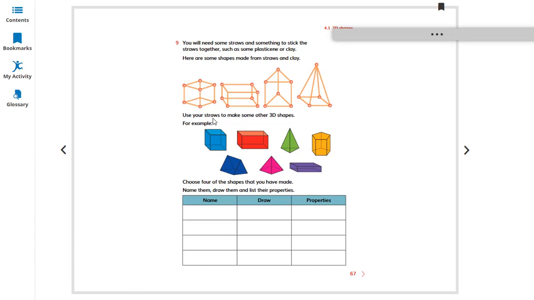So use your straws to make some other 3D shapes. For example, you can see here different shapes. Choose four of the shapes that you have made, name them, draw them, and list their properties. You can make any shape like cube, cuboid. I just draw their pictures, like how to make a cube. Very easy.